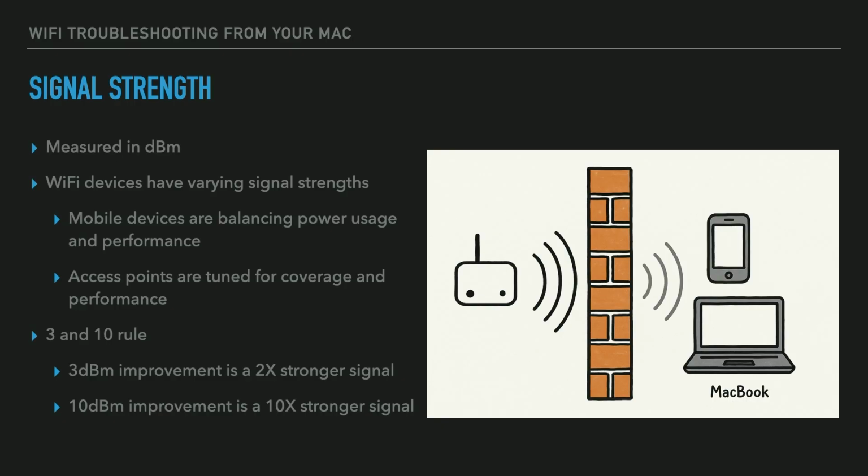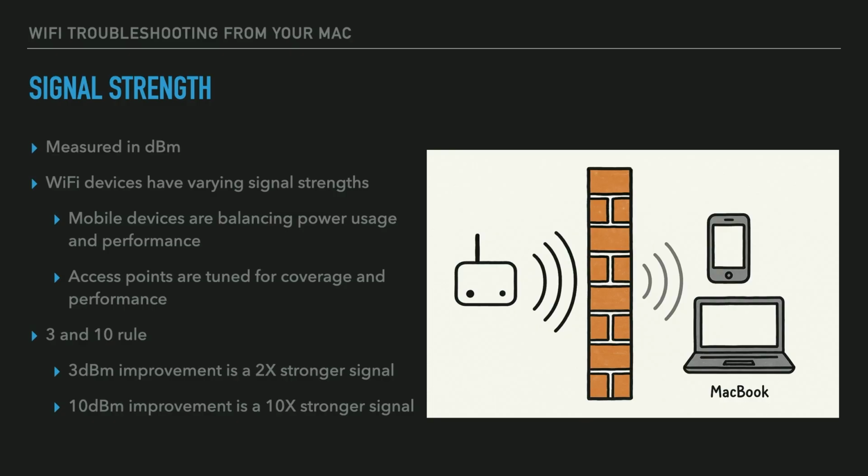We're going to look at signal strength. Signal strength is measured in dBm, decibels per milliwatt. So again, that's a measure of power, actual output. I'm going to skip the 3 and 10 rule, but you can look at that later.